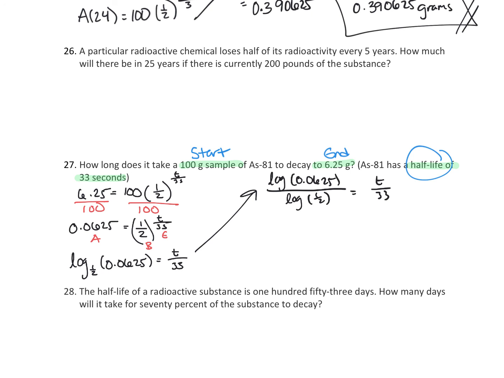Now to get t by itself, we're going to multiply both sides by 33, because if we're multiplying and dividing by 33 on our right side, that cancels out. And we'll be left with 33 times log of 0.0625 divided by log of 1/2 is equal to t. And once we plug that into our calculator, we get that t is 132 seconds exactly.